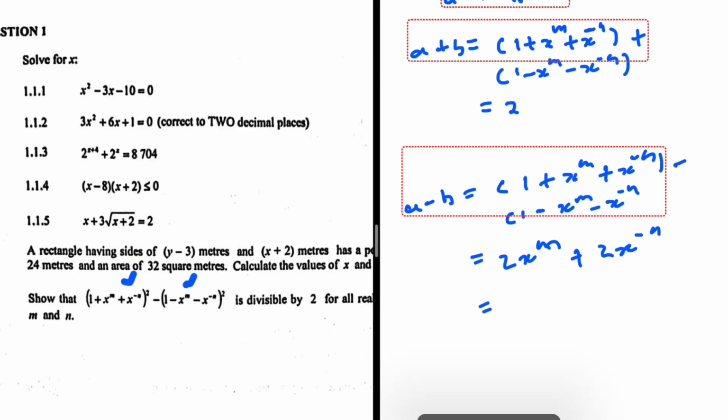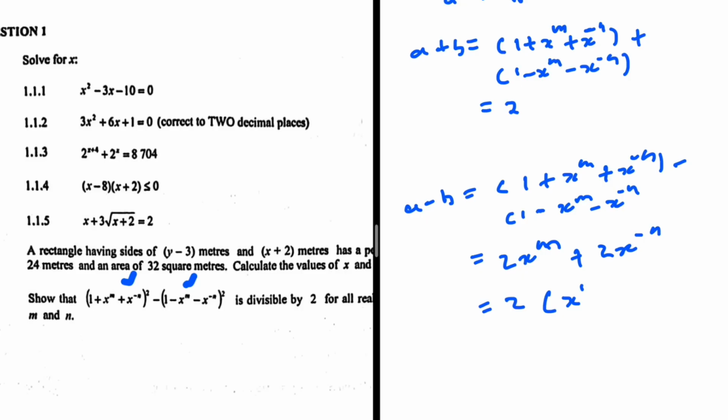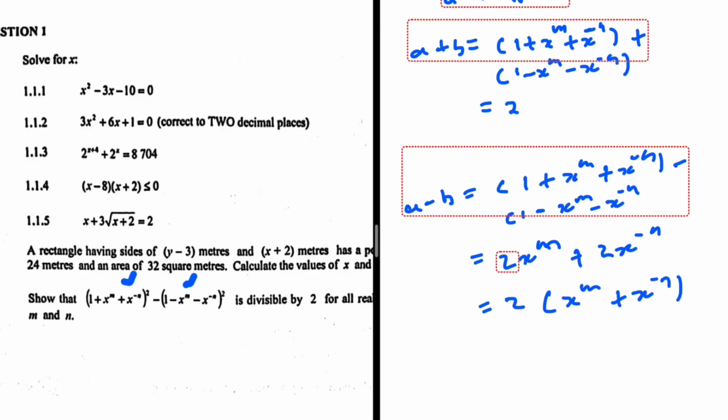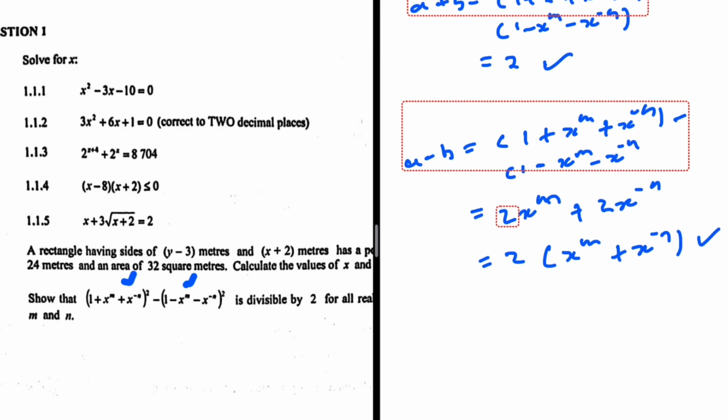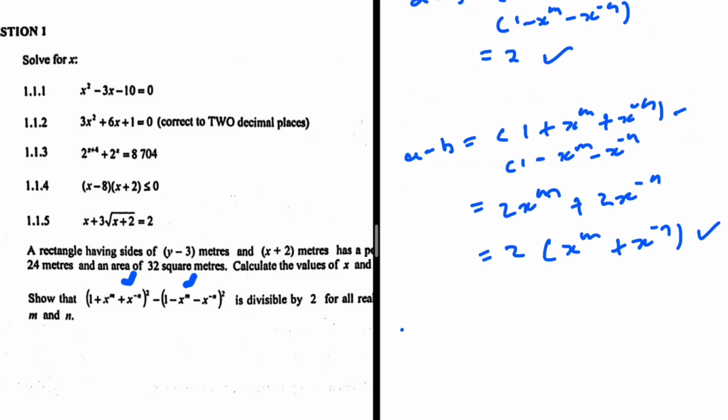Well, we can just take 2 as a common factor, right? Yes, we can take 2 as a common factor. We'd have 2 times x to the m plus x to the minus n. Okay, there we go. So we have a plus b and a minus b, right?